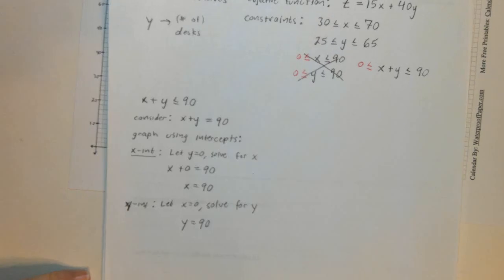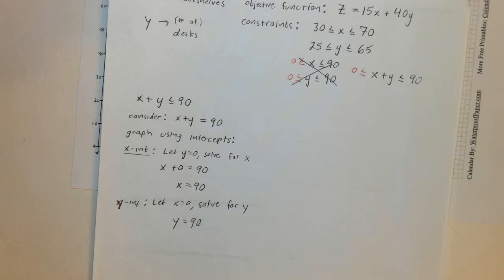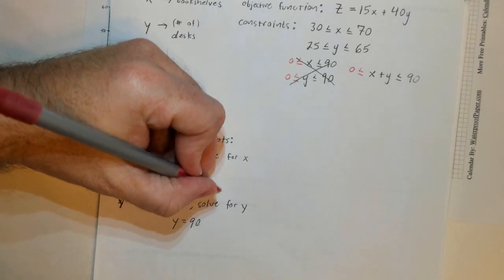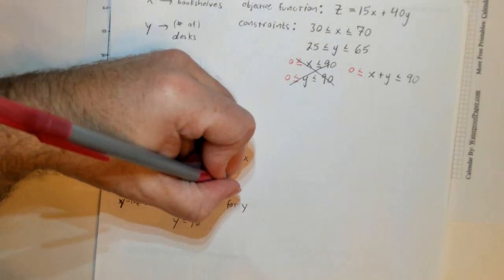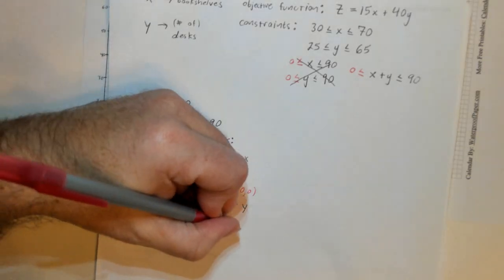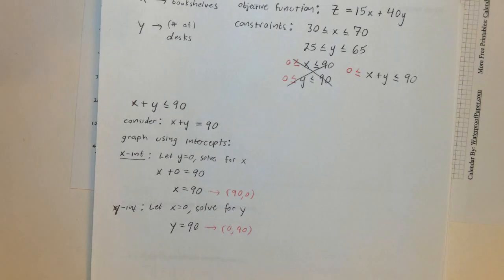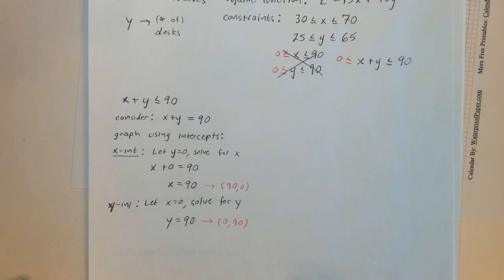So my x-intercept is 90, my y-intercept is 90. So these are the points (90, 0) and (0, 90). Okay. So let's plot those 2 points.